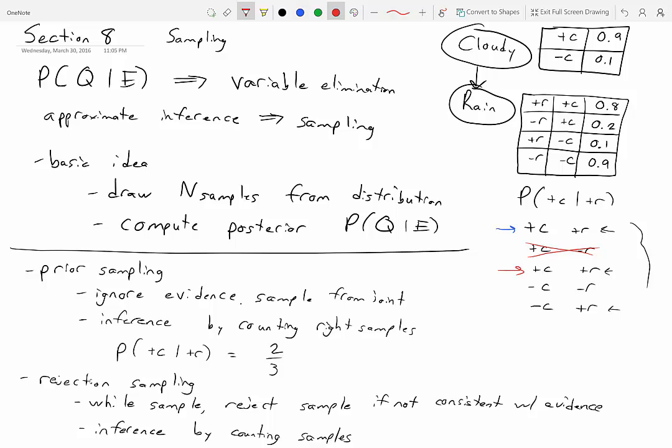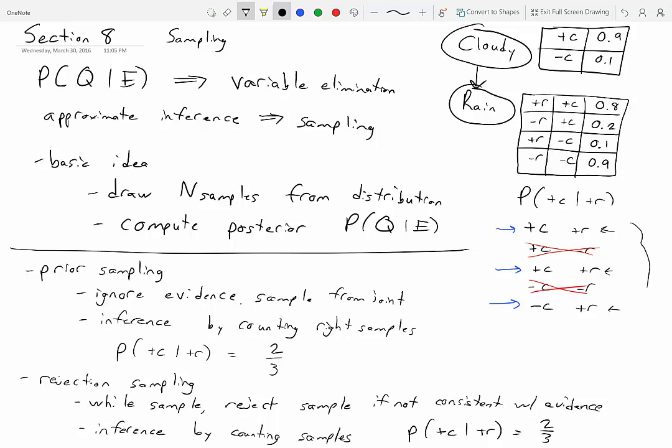Now this one is consistent because it has a plus R. This sample is not consistent because it's minus R, and this one is consistent. So we would only keep the samples in blue. Now, when we do the calculation, we get the same exact thing for the probability of plus C given plus R. And again, we do counting, and we get 2 on top and 3 on the bottom.